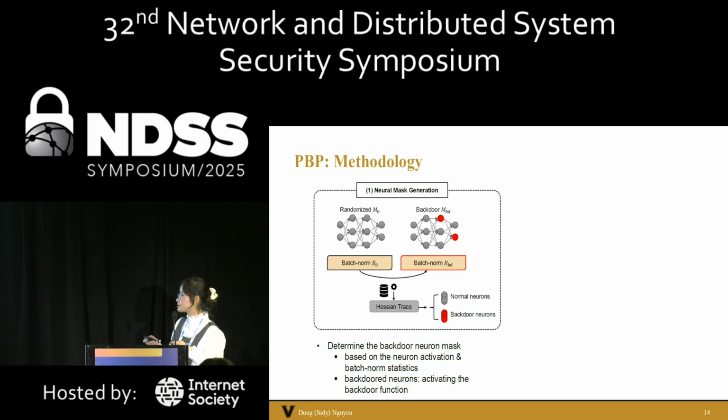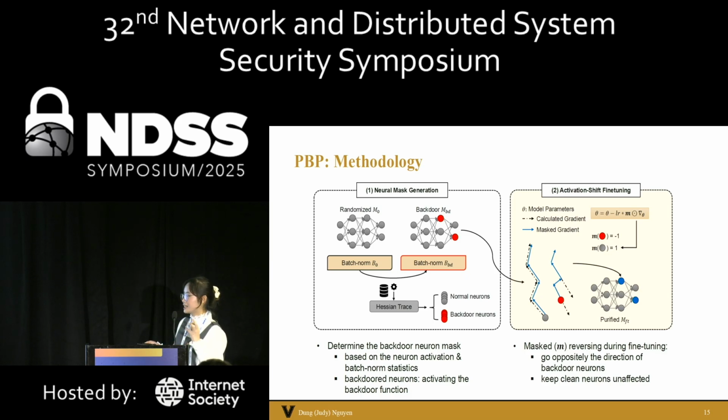And we conduct a process called the batch norm statistic alignment. During this process, we want to observe which neurons are the most important in the alignment process to make the batch norm from a randomized model similar to those from the backdoor model. So that's the idea of the first step.